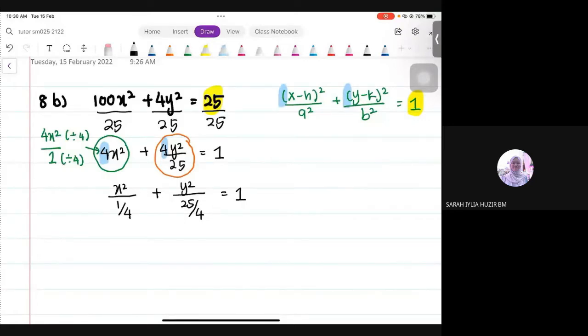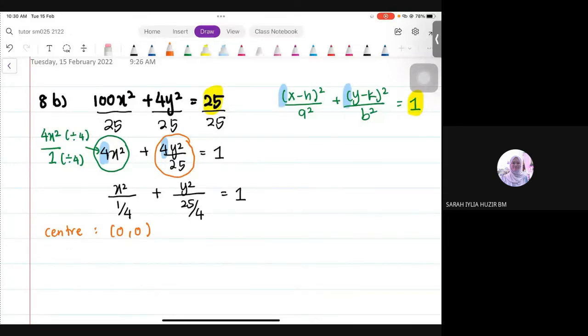So once we get this, now straight away we can compare to find center. Center always (h, k). In this case, directly compare h, k, tak ada apa-apa. So, it's (0, 0). Settle for center. Dah dapat center. Next step. State our A, state B, and then find C. Mesti 3 benda tu awak kena cari dulu.